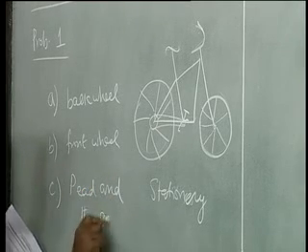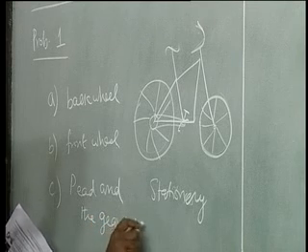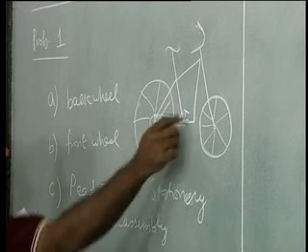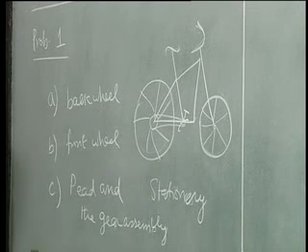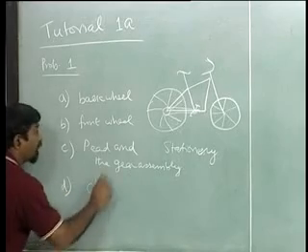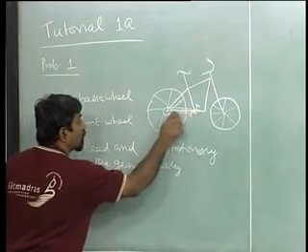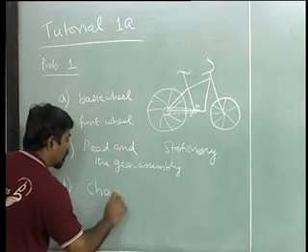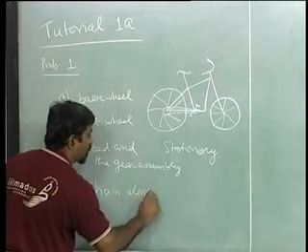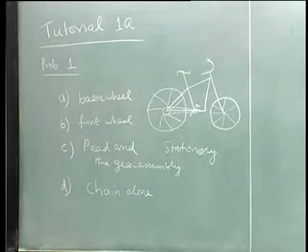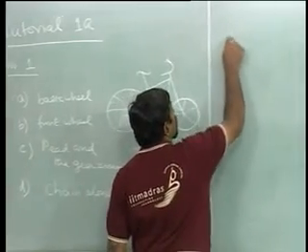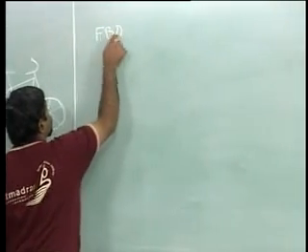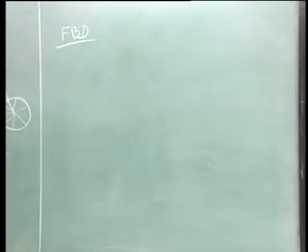Okay, that is this part, and finally just the chain alone. This is the chain alone I want to separate and draw the free body. Okay, so what is to be drawn is the free body diagram. Let us start with the back wheel.